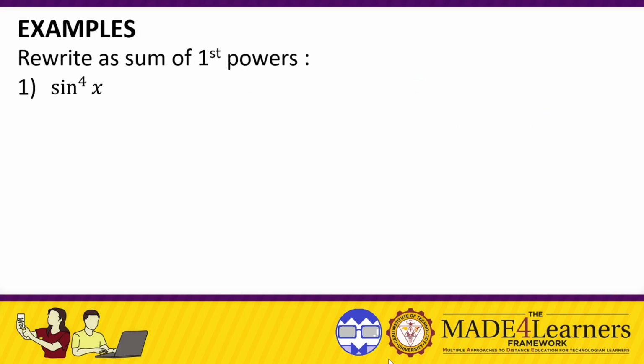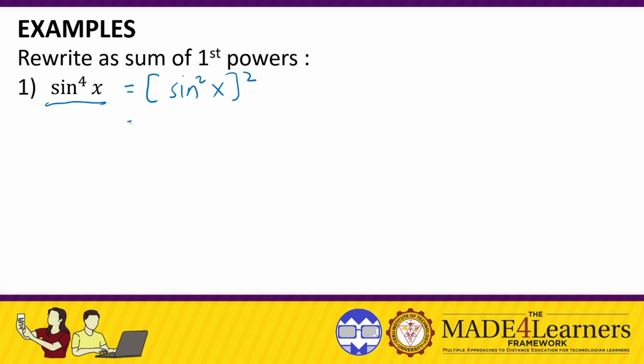Let's have example number 1. We have to rewrite as a sum of first powers. So we're going to reduce sine to the power of 4x in such a way that we have an expression containing a degree of 1. Reviewing, sine to the power of 4x is equal to sine squared x to the power of 2.